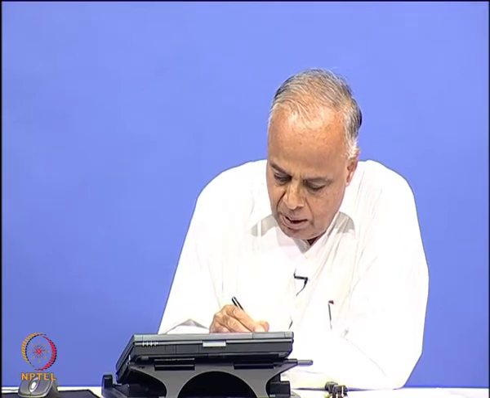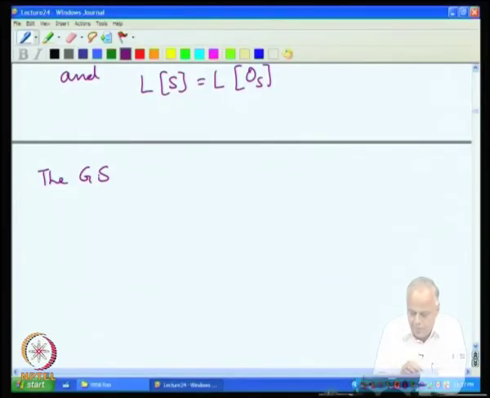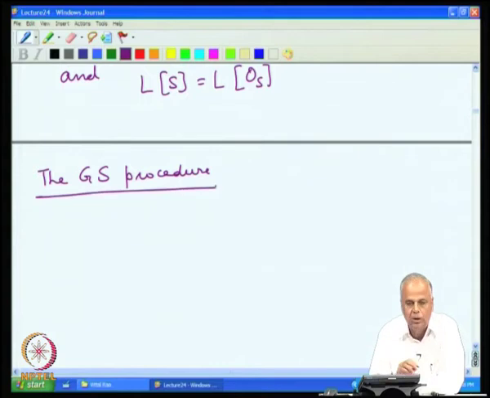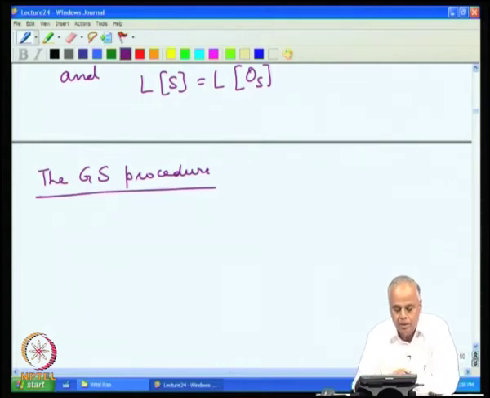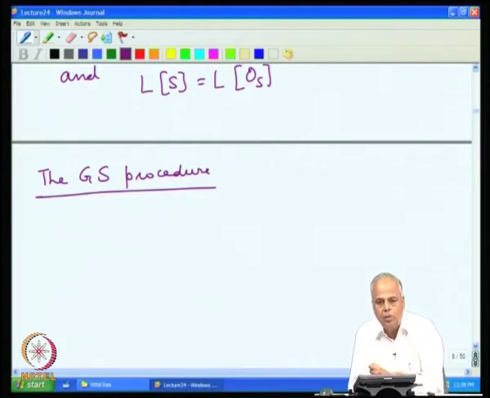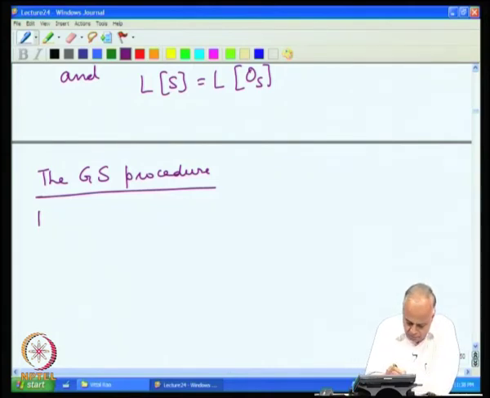The Gram-Schmidt procedure, which we will denote by GS, the Gram-Schmidt orthonormalization procedure, goes as follows. As we said, our aim is to eventually get an orthonormal set. So, there are two things involved. One is we have to get orthogonalization and then we have to get normalization.